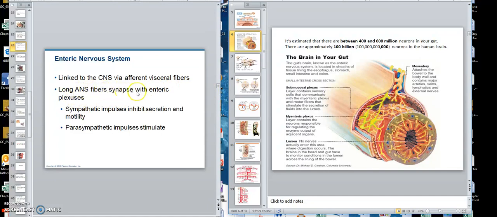Long autonomic synapse with enteric plexus. Sympathetic fibers inhibit secretion and motility. Remember the sympathetic nervous system, norepinephrine, turns the gut off because gut action is rest and digest, and parasympathetic rest and digest turns it on.